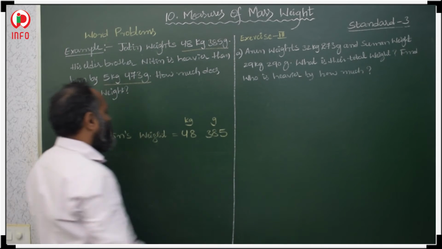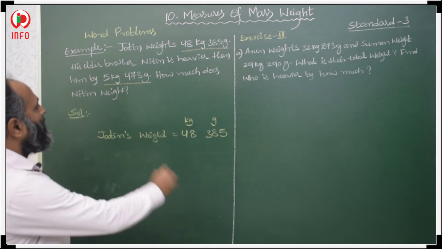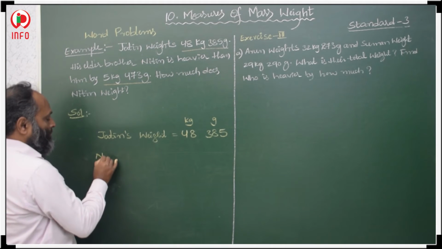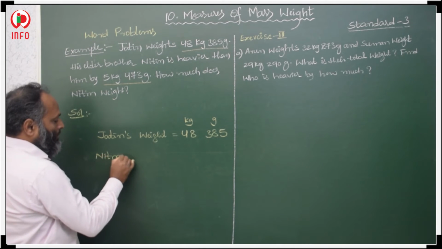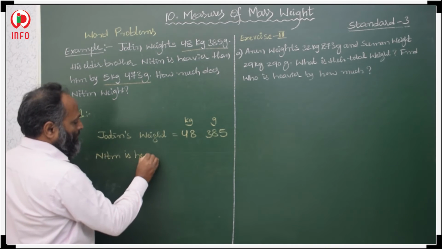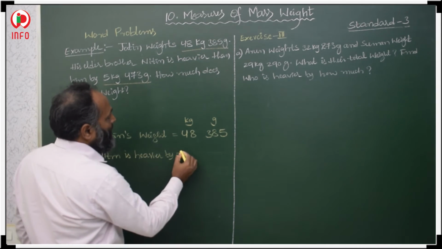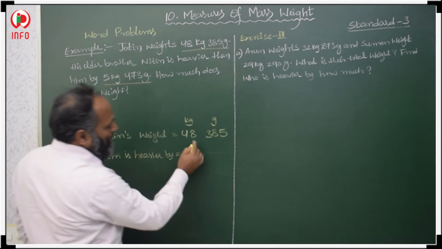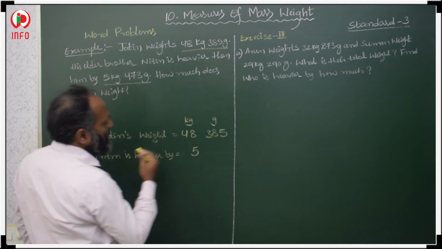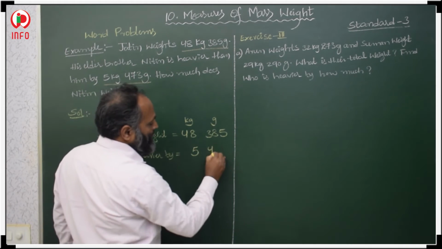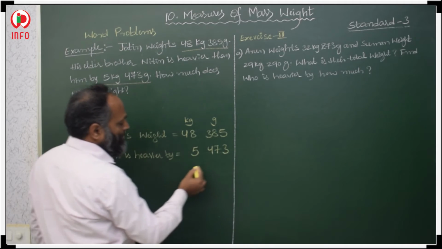Now, Nitin is heavier by how many kgs? 5 kg, 5 we have to write here. 5 kg, 473 grams.